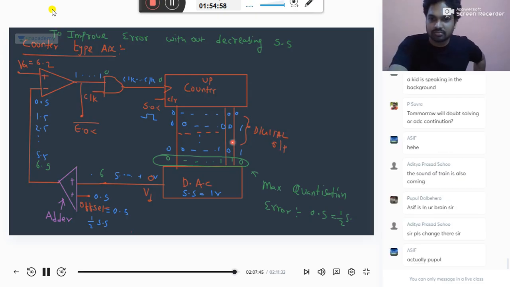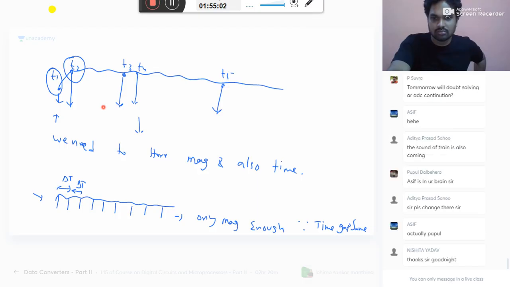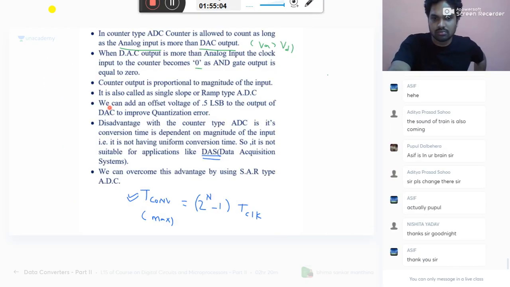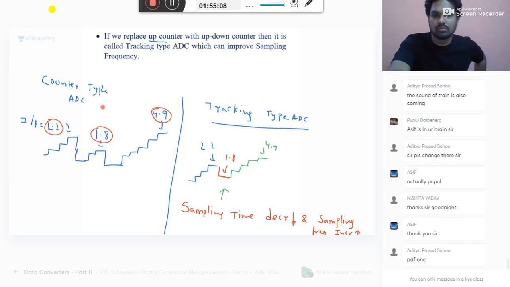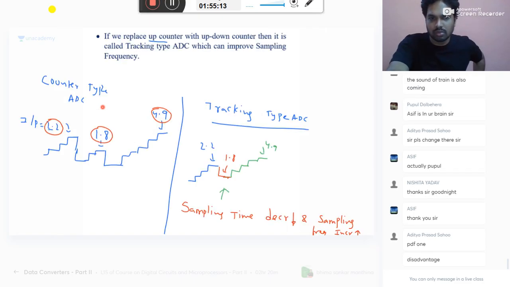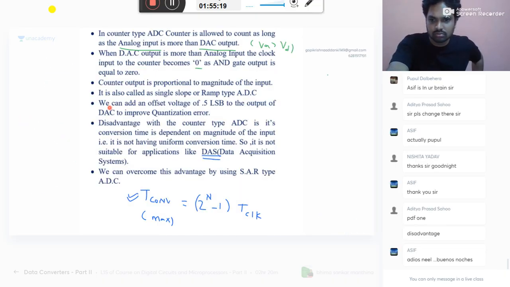What happened, Aditya? One minute. Wait, wait. Type PDF. What is that? Aditya, which one?